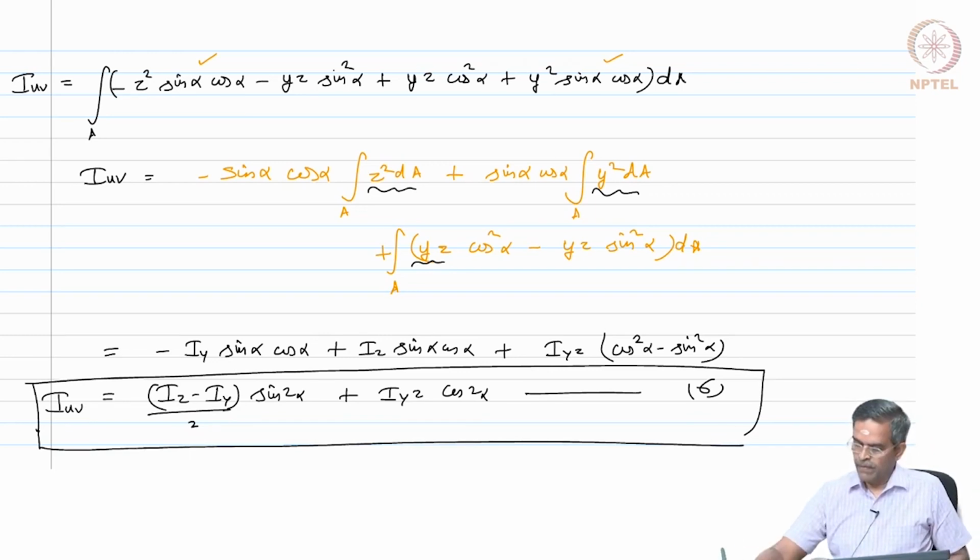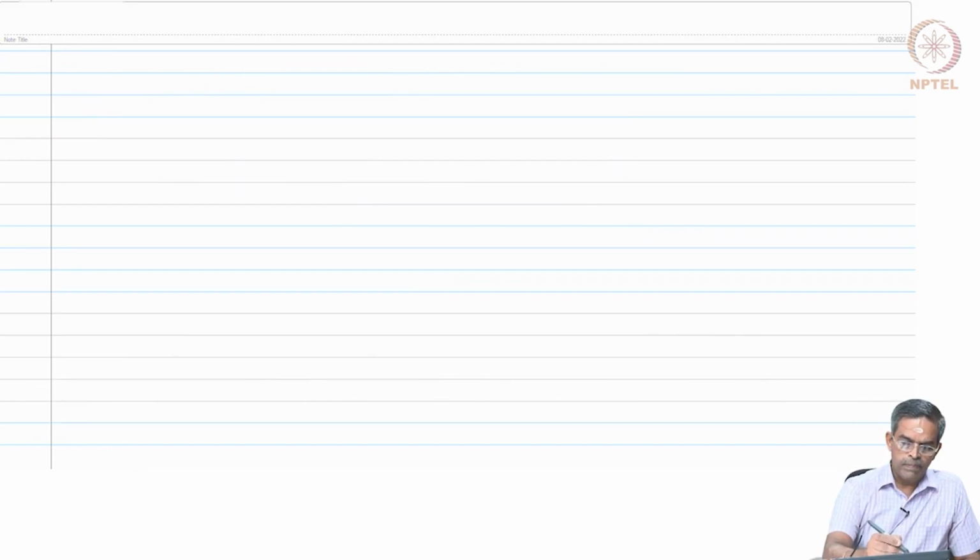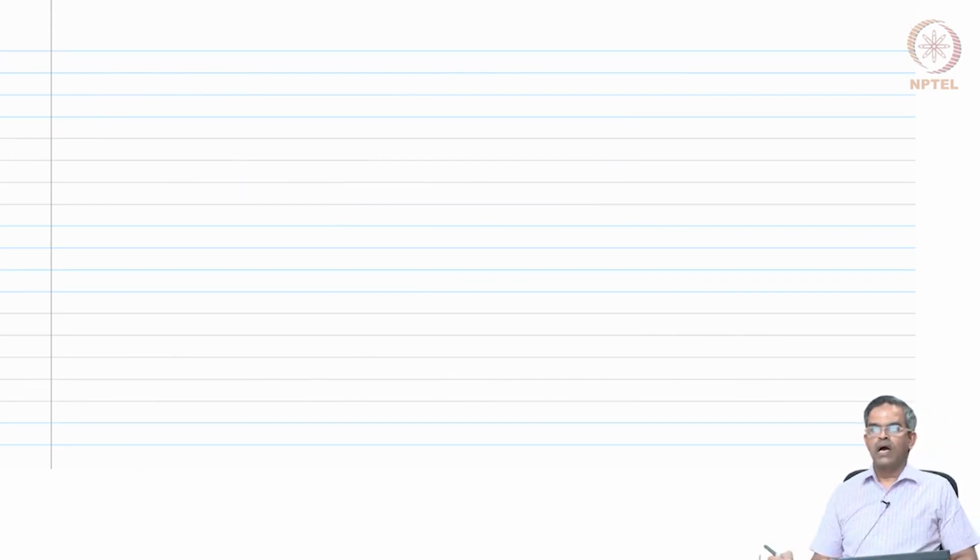Friends, we should substitute Iuv as 0. Why do we have to do that? In simple terms, Iuv needs to be indicated as an understanding of explaining the unsymmetric bending.